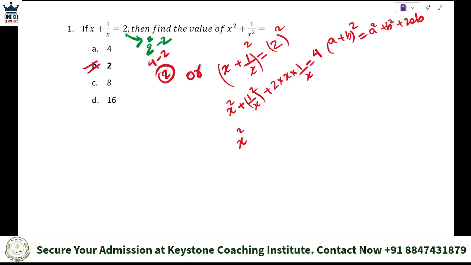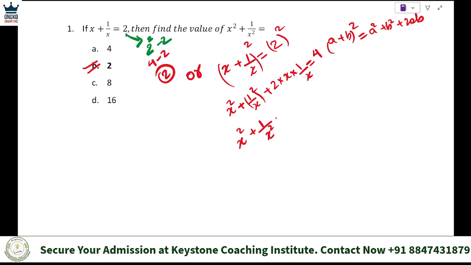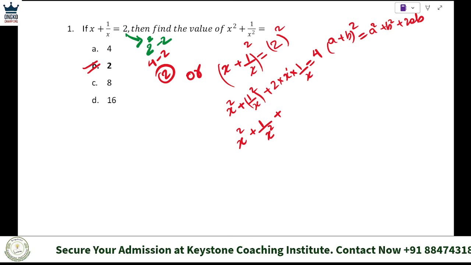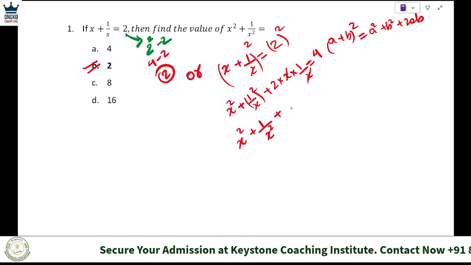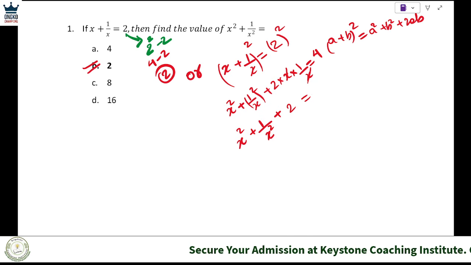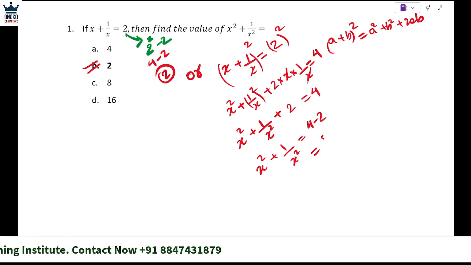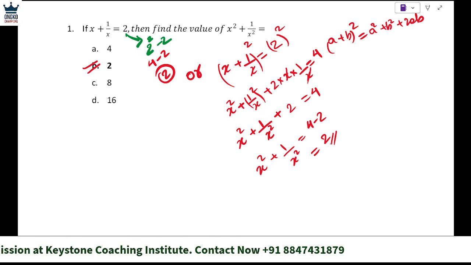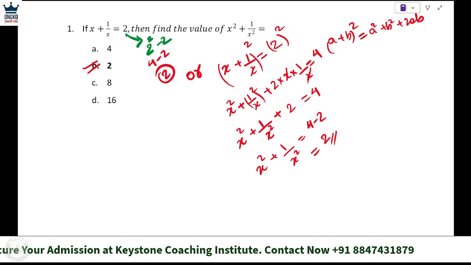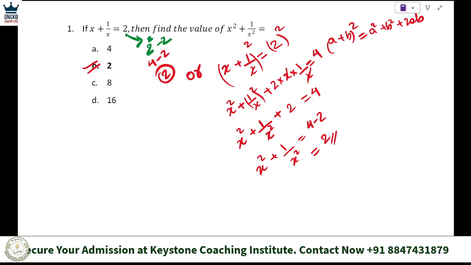The x's cancel, so 2 into 1 gives 2. So x square plus 1 by x square is equal to 4 minus 2, which is 2. Either way, you can choose any approach.